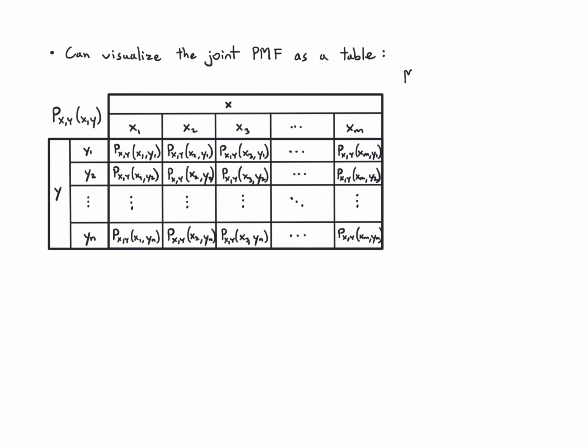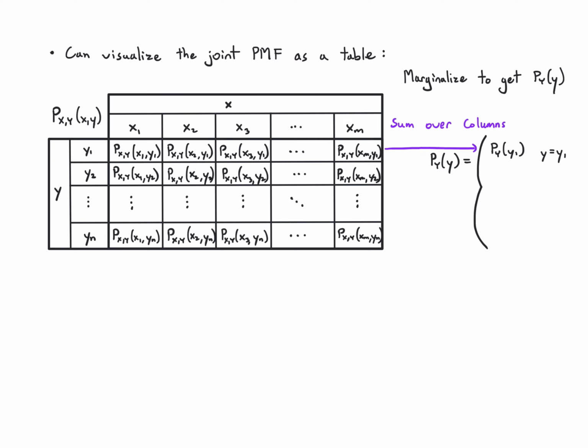What if I want to get the marginal of y? Well, what I'm going to do is sum up over these columns, and I'm going to get P of y1. So what I've done is summed out all of the x values. I've added up all the probabilities over x, fixing y to y1, and that gives me the probability that Y is equal to y1. I can just repeat this, and I'll get the description of y by itself.